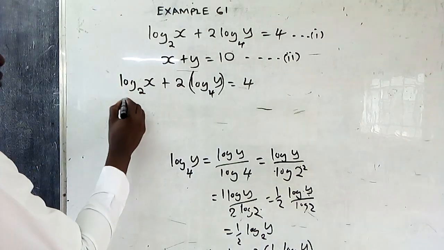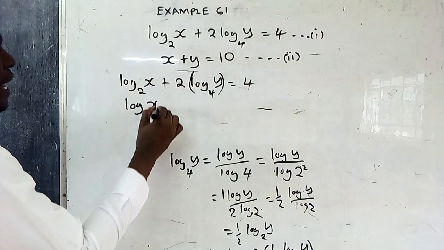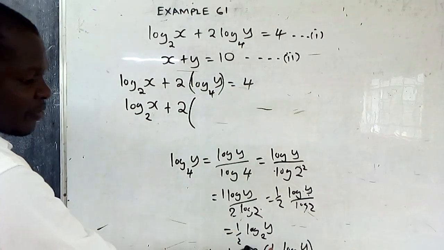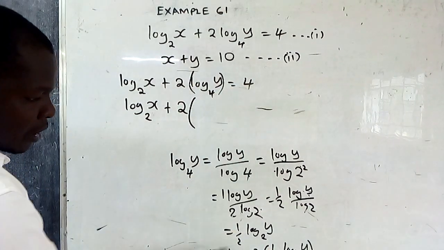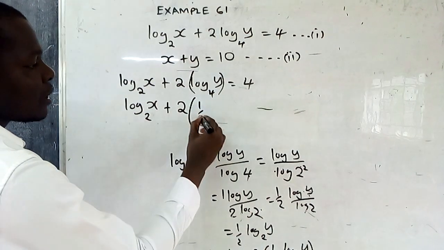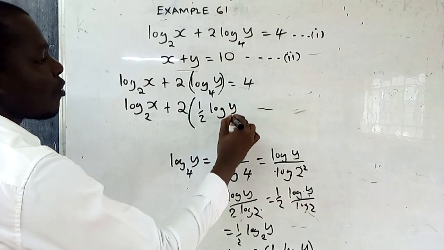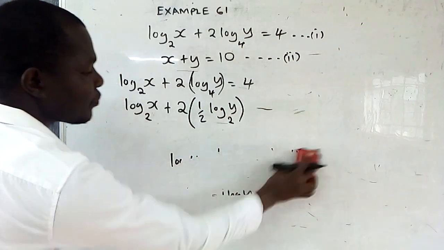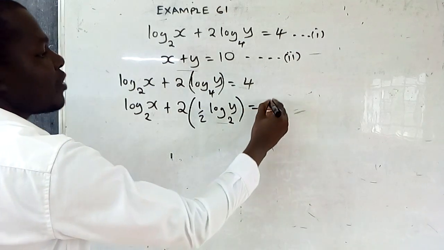Here we now have log x to base 2 plus 2 into a half log y to base 2, to be equal to 4.